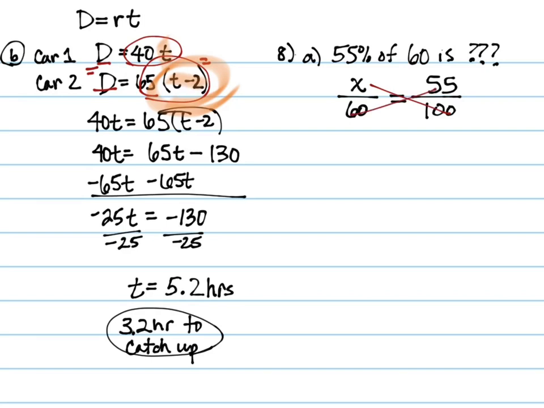So cross multiplication, I end up with 100x equals 3,300. Cool. And then if I divide by 100, what would x be? 33. So 33 is 55% of 60.